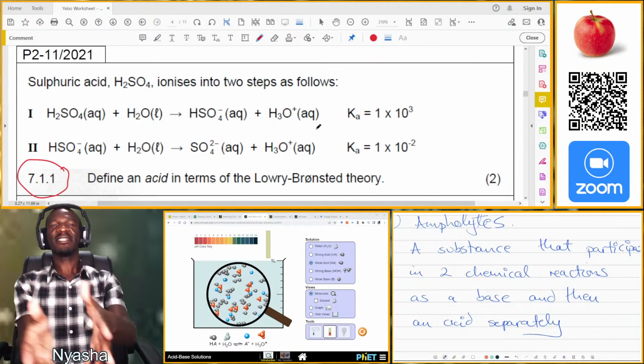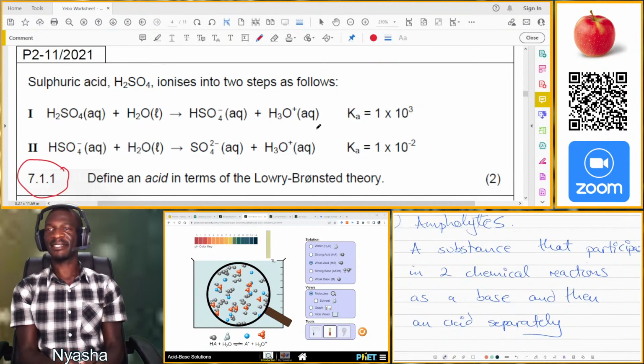So it participates as a base in one chemical reaction and it participates as an acid in a second chemical reaction.